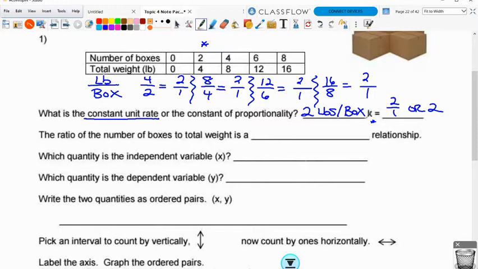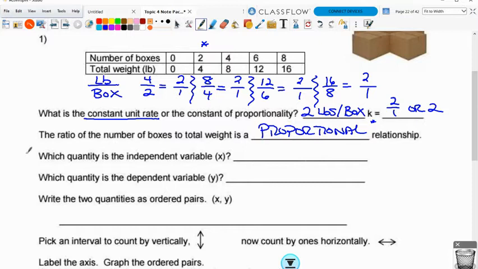The constant of proportionality k is 2/1, or 2. Since we had the same unit rate, a constant unit rate, the ratio of the number of boxes to total weight represents a proportional relationship. When you get the same constant unit rate, it is a proportional relationship.